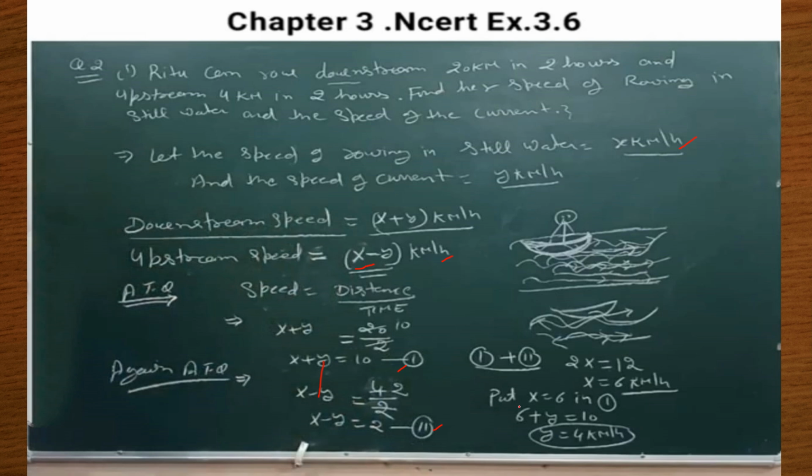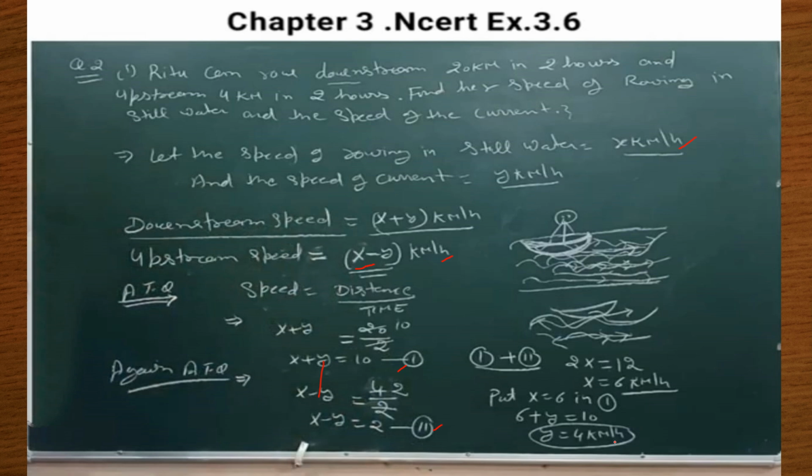Now when we put x equal to 6 in the first equation, x plus y equal to 10, at the place of x we put 6, so 6 plus y is equal to 10. This implies y equal to 4 kilometer per hour.